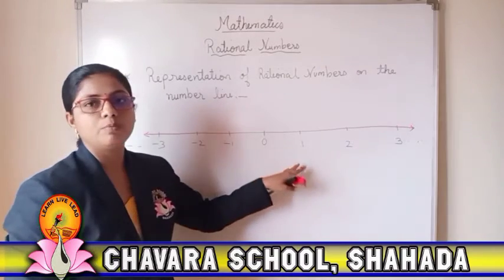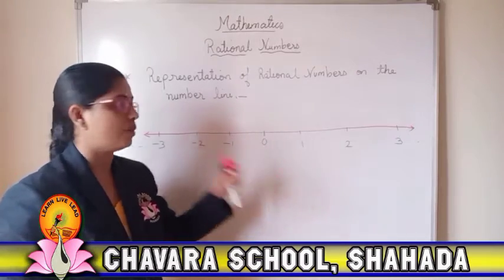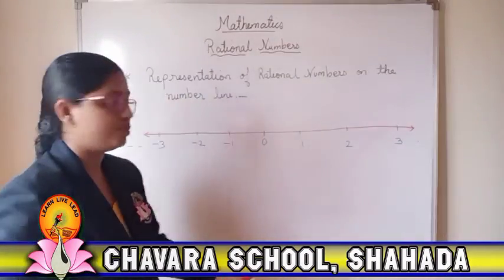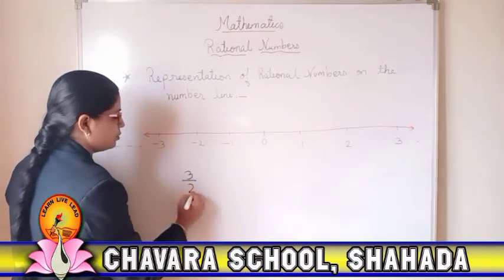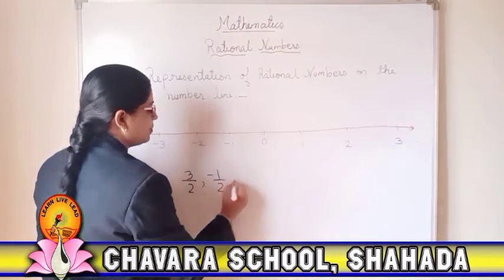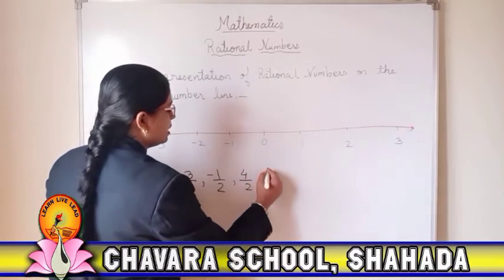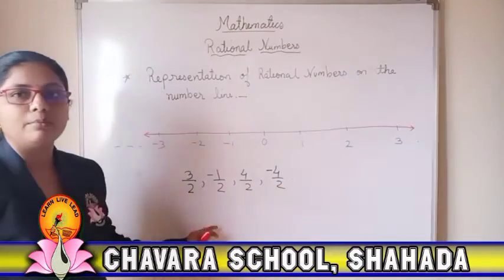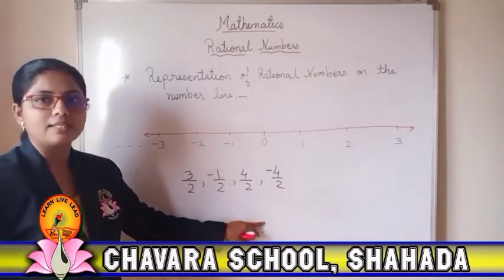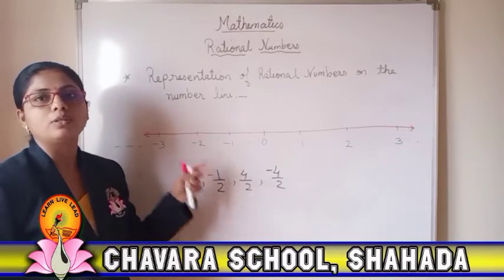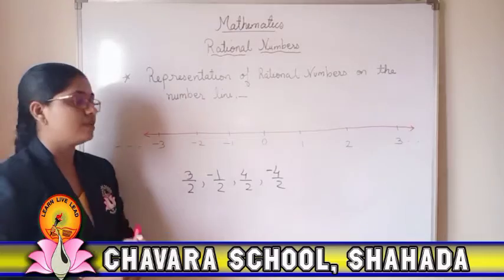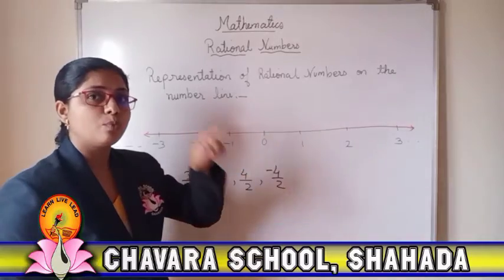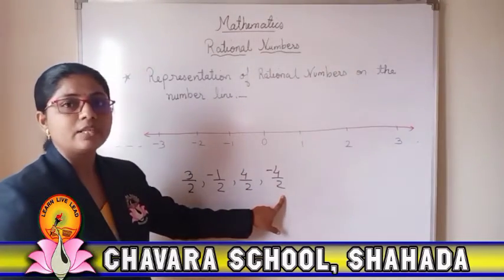So how to represent on this number line, that we will see now. So the first one is, if the numbers given to you are 3 upon 2, negative 1 upon 2, 4 upon 2, negative 4 upon 2. If suppose numbers like that are given to you and the question is asked, represent the following rational numbers on the number line. So in that case, first you will draw the number line. Draw it in such a way that, what is the number in the denominator here? 2.